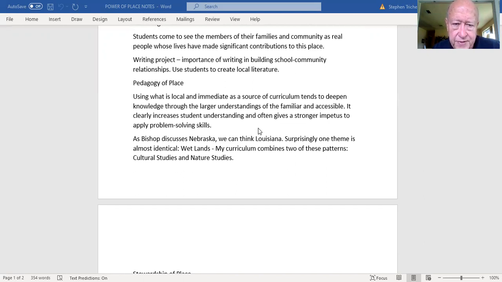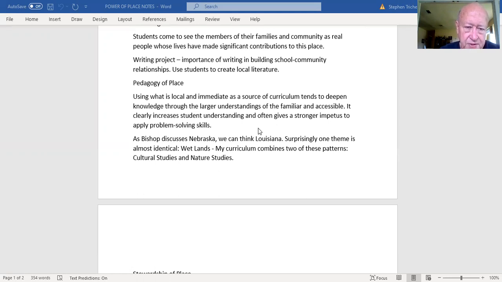So it clearly increases students' understanding of the curriculum writ large, beyond what's in the scope and sequence, and often gives a stronger impetus to apply problem-solving skills. So if we recognize there's a problem through local literature, then maybe we can act upon it. And how do we go about doing that?